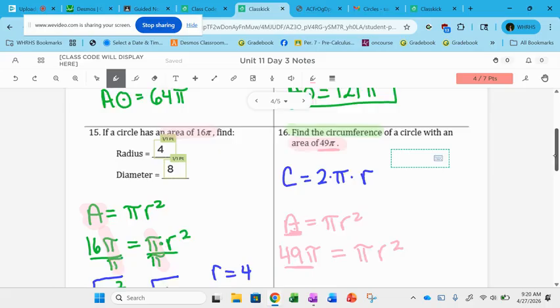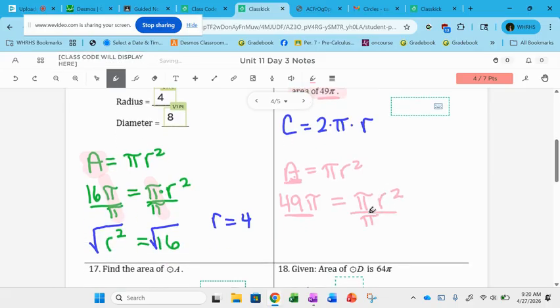So now we're going to divide by pi on both sides. So now I have the radius squared equals 49. To undo a square, what must we take? Square root. What's the square root of 49? 7.